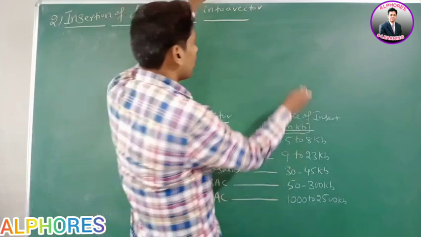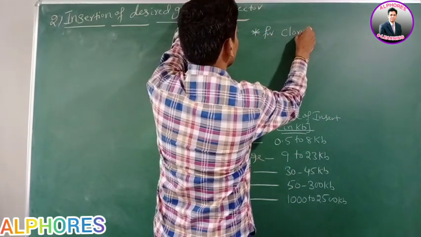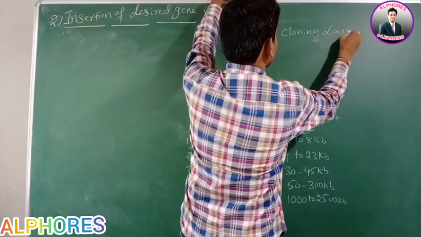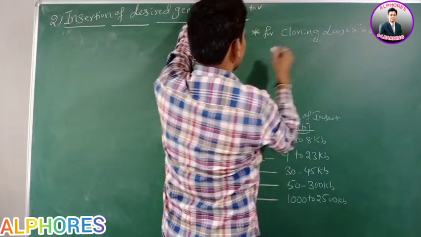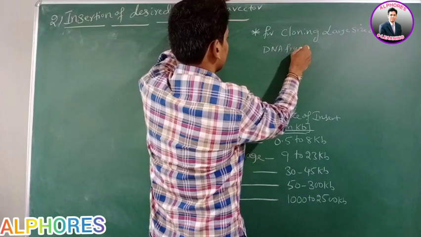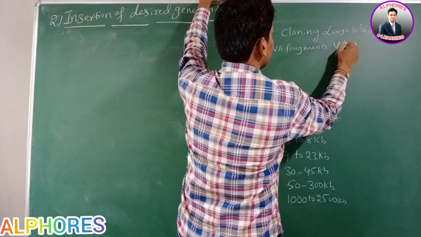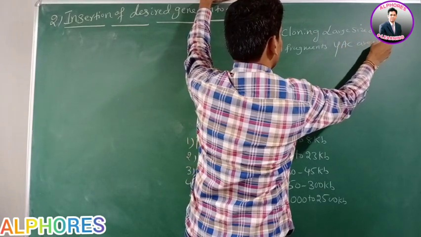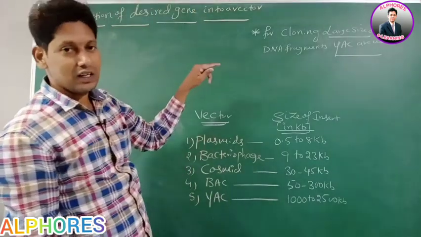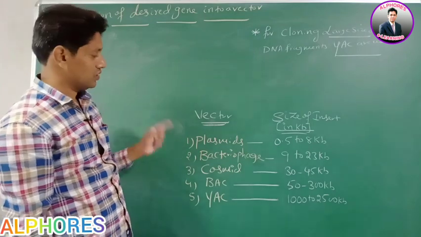Therefore, for cloning large sized DNA fragments, what is used? Yeast artificial chromosomes are used. Therefore, if insert size is large, to clone that desired gene, we are using what, sir? Yeast artificial chromosomes. Is it okay?